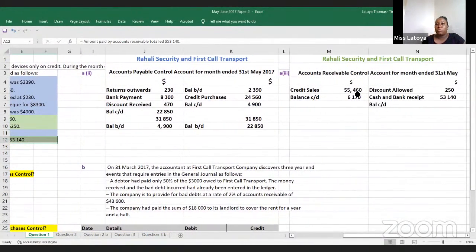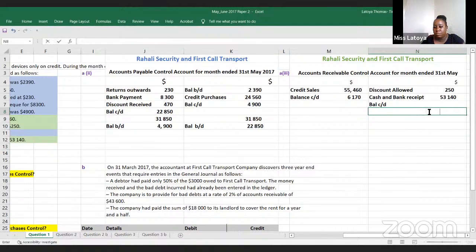Okay. So now that we have our figures, we are going to add and subtract to get our carry down figure and our balance figure. So 53,140 plus 250 is going to give me a total of 61,630.